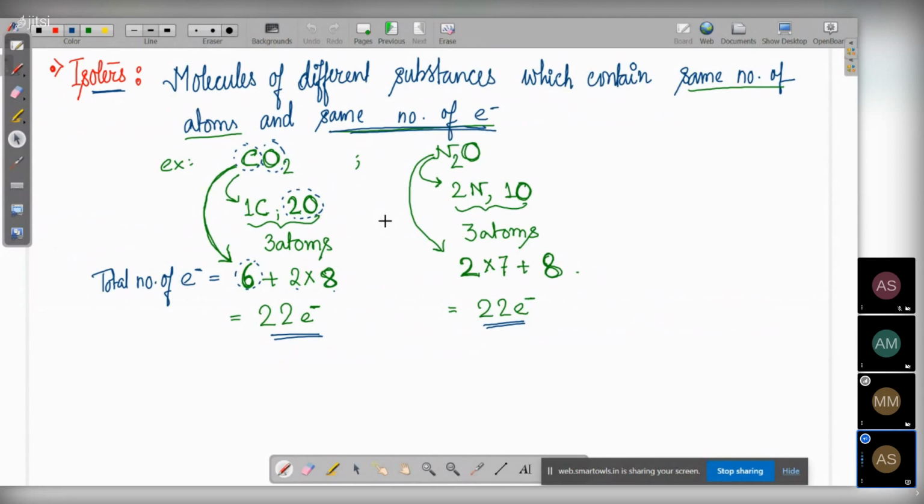The definition along with example they won't be asking. They will give you the molecules, and from there you need to select which one satisfies the condition. Suppose they will give you 5 molecules, and then they will tell you identify the molecules which are isobars. So over there you need to know the definition. That will be more important than the examples. But it's better to always remember one example so that it is useful to apply.